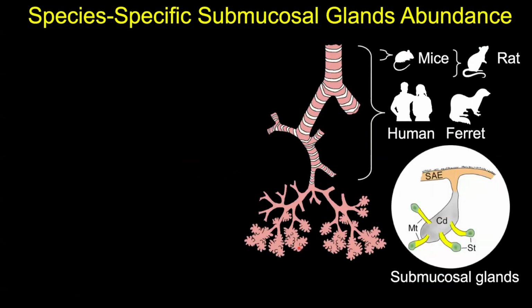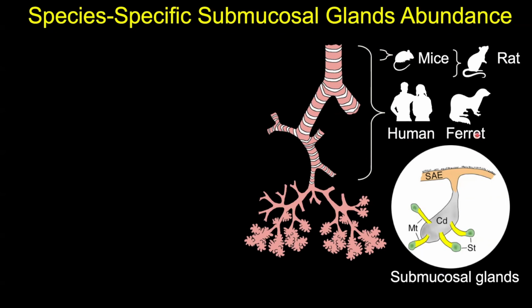I think it's important when evaluating species to study cystic fibrosis lung disease that there's a recognition of the differences in cell biology within the lung between various species. In rats and mice, submucosal glands are found within either the proximal trachea or the entire trachea.